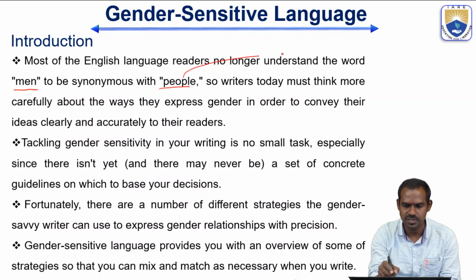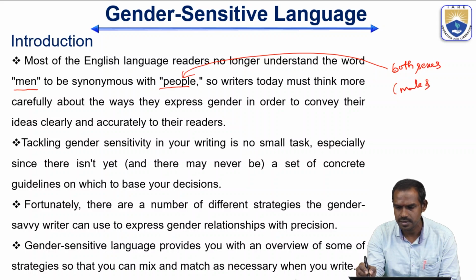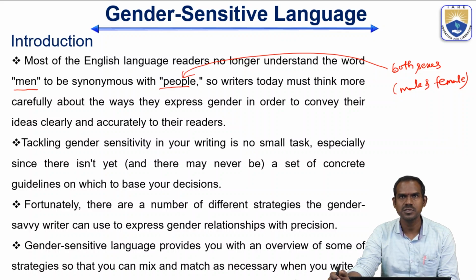Here people includes both sexes, male and female. Writers today must think more carefully about the ways they express gender in order to convey their ideas clearly and accurately to their readers.